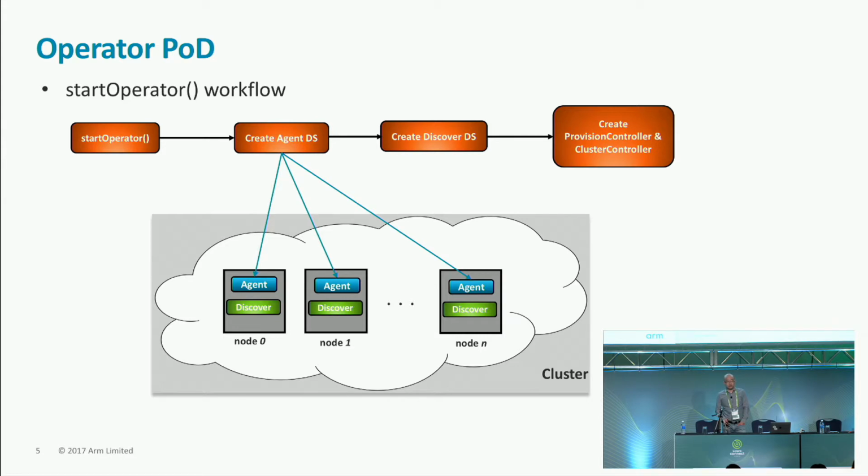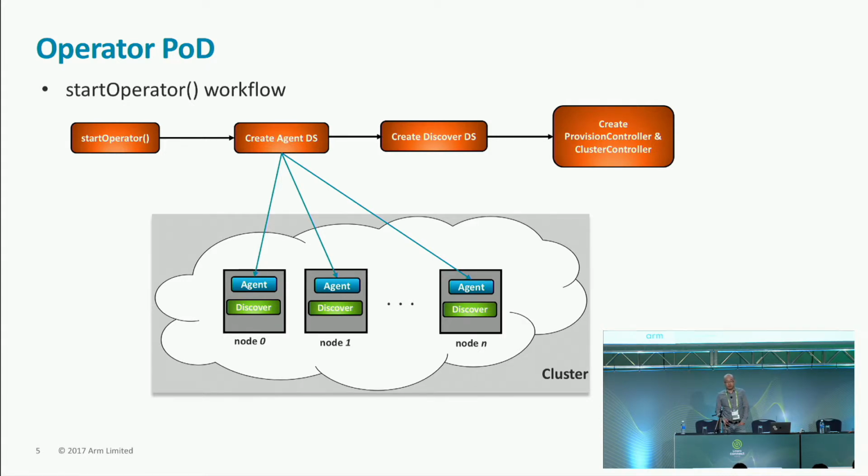These two controls are very important for the Rook projects, because we will talk about them in the following slides. You will see that the provisioning control and the cluster control play a very important role to bootstrap the Rook and the Ceph cluster.